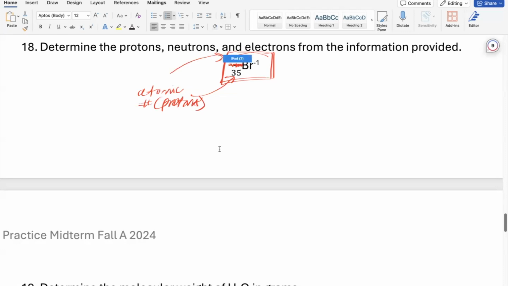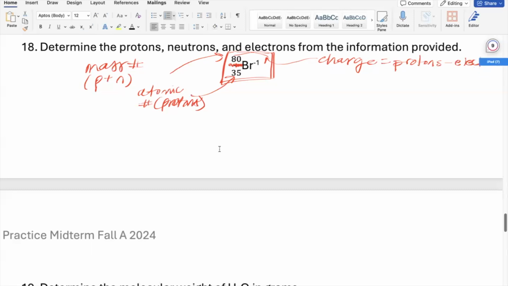Here you have the mass number, and mass number is always protons plus neutrons. And then here you have the charge, which is equal to protons minus electrons. So with all this information, I can do a little bit of adding, subtracting, and find the number of protons, neutrons, and electrons.